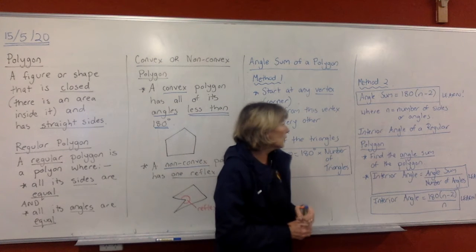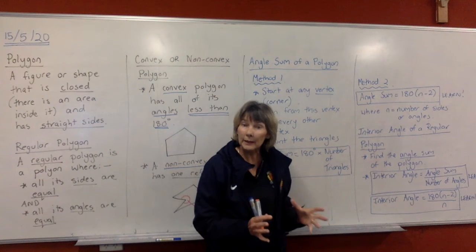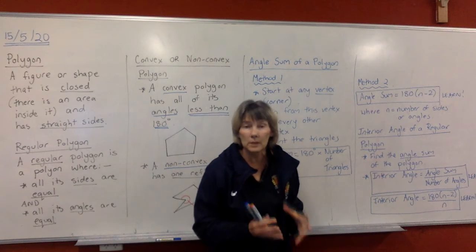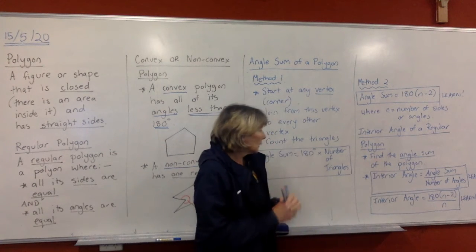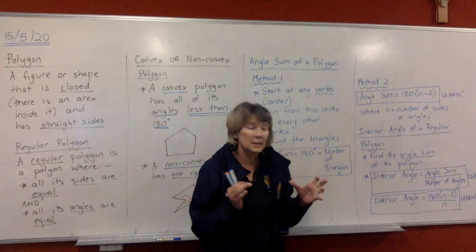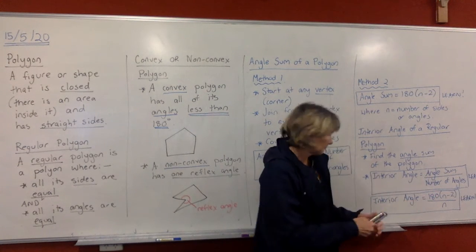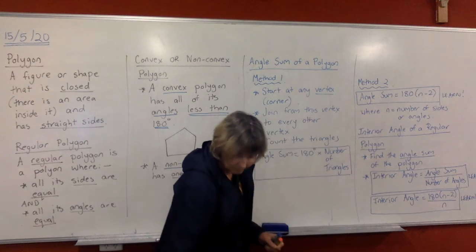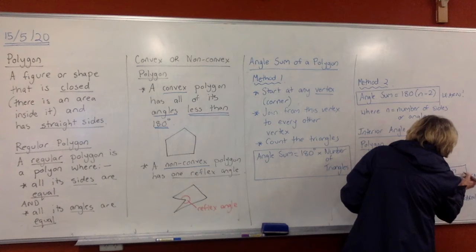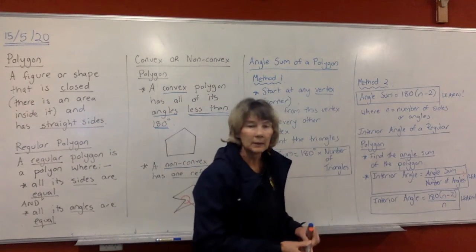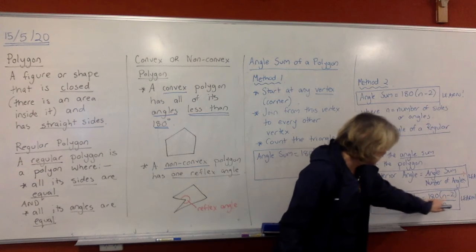So the next part, we're finding the interior angle of a regular polygon. A regular polygon has all its angles the same. So after you find the angle sum of the polygon, if all the angles have to be exactly the same, you're going to take that angle sum and divide by the number of angles. So if we put that in a formula, the angle sum was 180 times (n minus 2) in brackets.